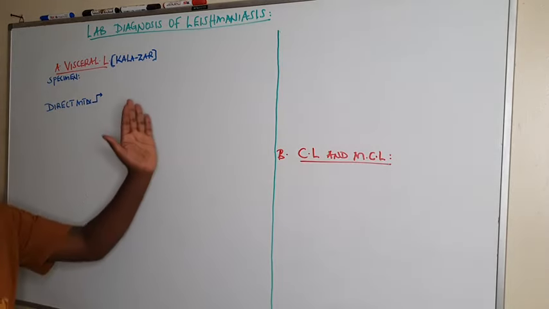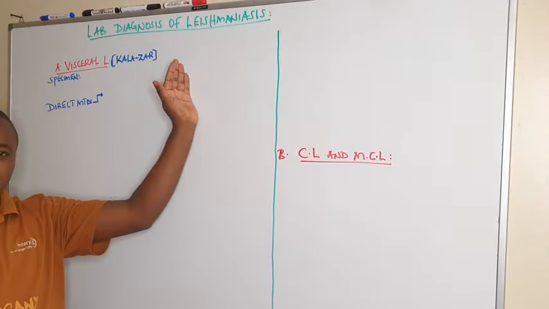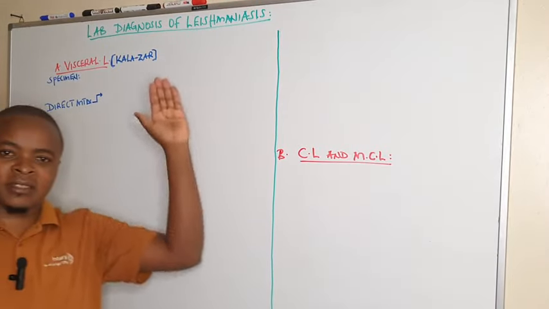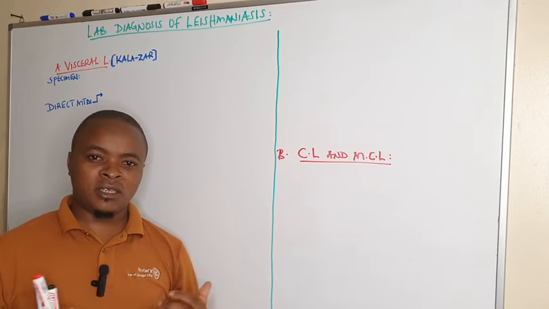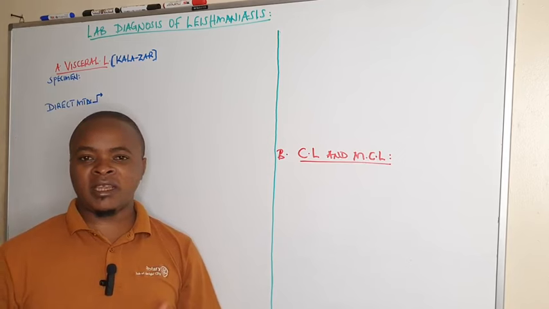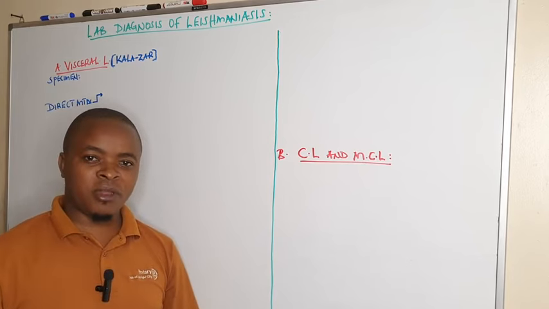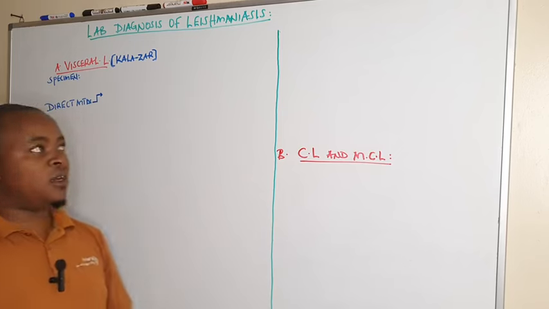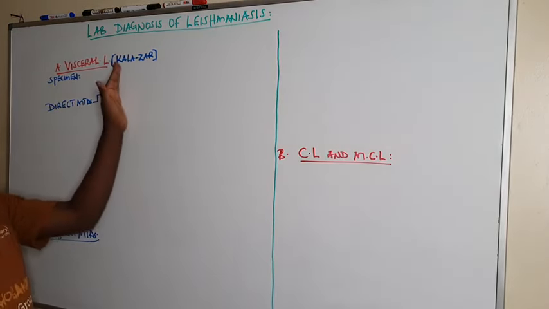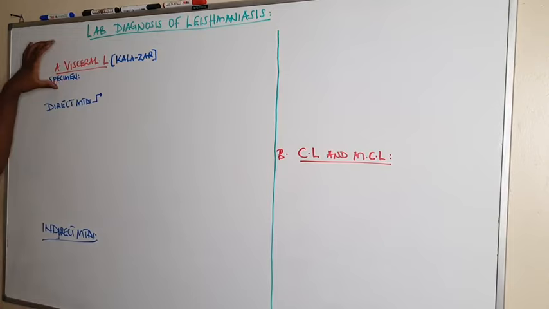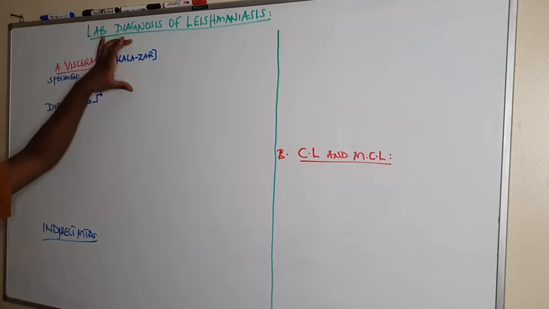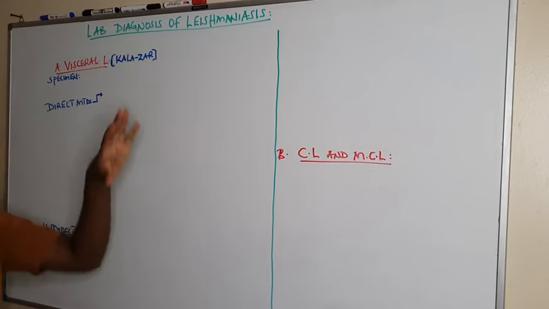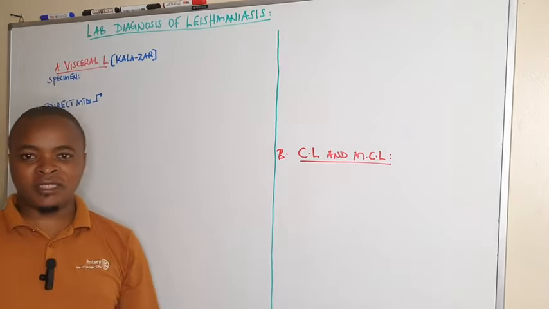So with laboratory diagnosis, we want to know how someone can know that they have this disease. As we saw, it has some endemic areas like Africa, then America, and some parts of Asia. So we are going to see how we can diagnose visceral Leishmaniasis, which is known as Kala-Azar disease, or you can call it dum-dum fever.